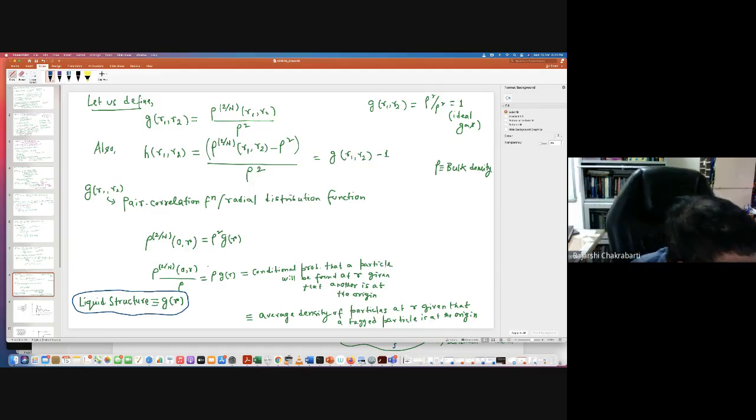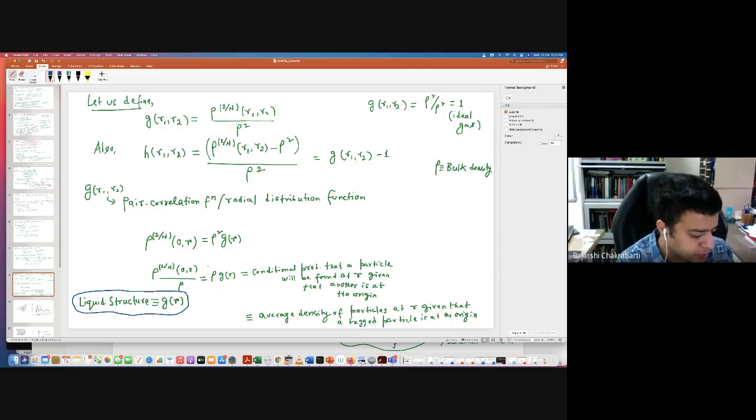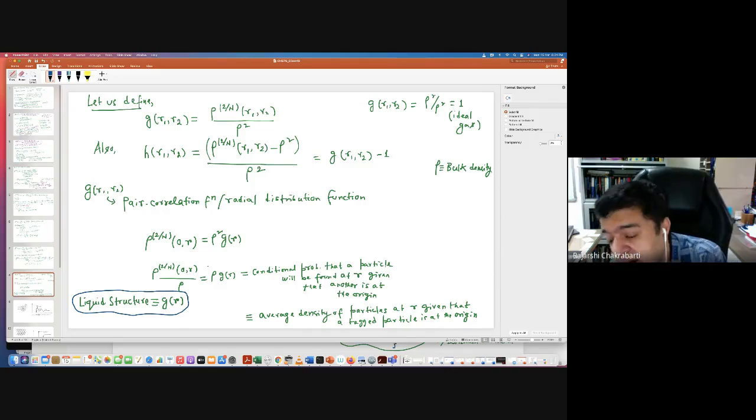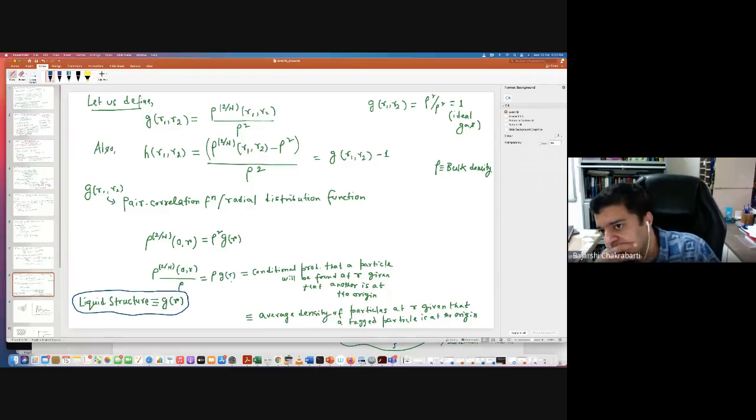Is this clear that they're matching? Yes, sir. Okay. But if your R is not very large, then there will be some local structure in the liquid. That is taken care of by this G of R, which is a radial function of this radial distance R. That's why it's called radial distribution function.